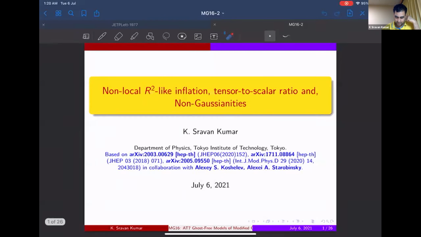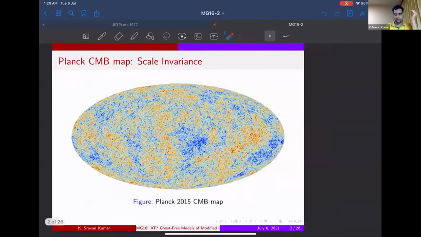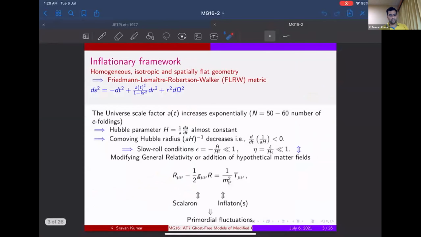Let me give an introduction to what early universe cosmology is all about. It is everything we want to explain this map, the CMB map. So the physics we create is all to explain the CMB map. How do we explain this? One of the very interesting paradigms to explain the CMB is the inflationary framework.